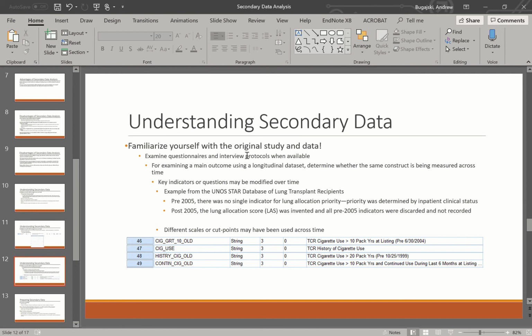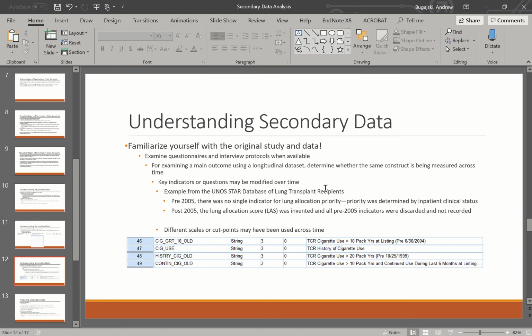So you have to examine questionnaires, interview protocols, examine the main outcome in longitudinal data sets, and determine whether the same construct is being measured across time. So for example, in the same data set I just pulled up, key indicators or questions may be modified over time.